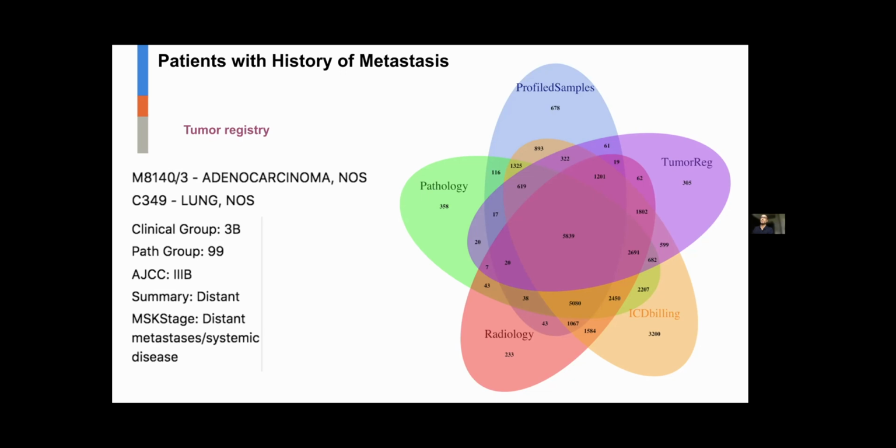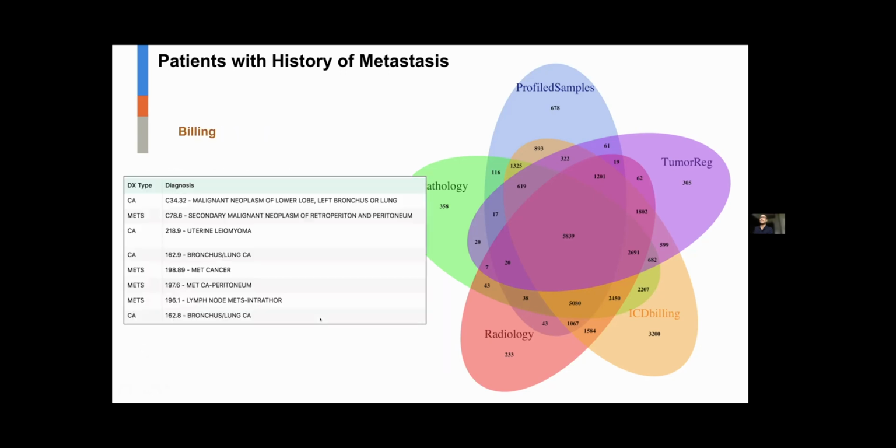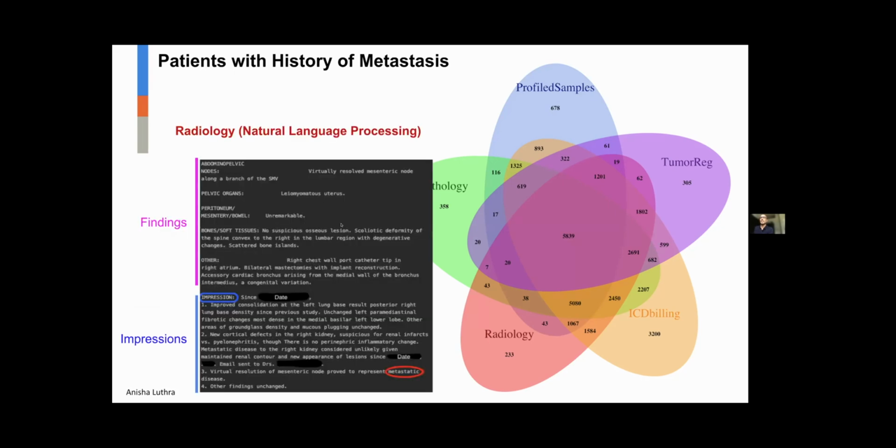This patient had an adenocarcinoma of the lung, started at stage 3, but then at some point had distant metastasis. This is what ICD billing codes look like. You have a specific cancer diagnosis, but you have metastatic cancer indicated here.